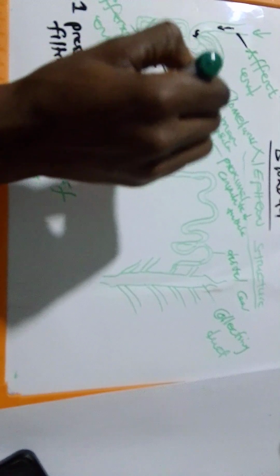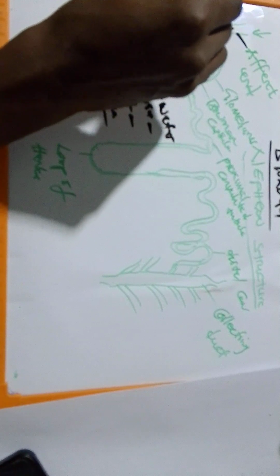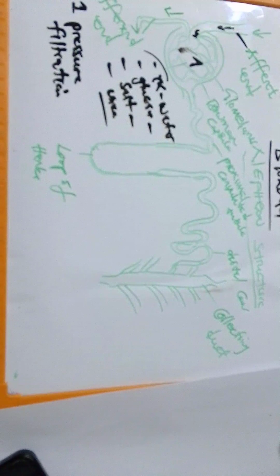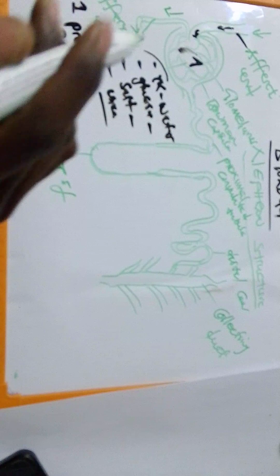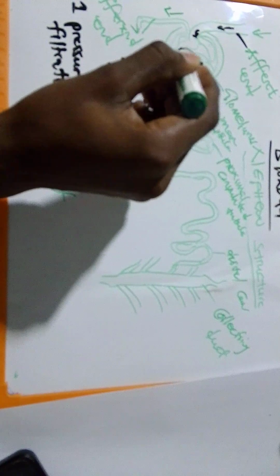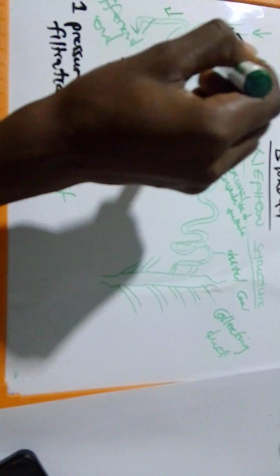Now, once these are filtered out from the blood, the other parts of the blood will be able to pass through the efferent end. Some of the substances within the blood which are larger molecules are not able to be filtered out from the blood through the small permeable membrane.